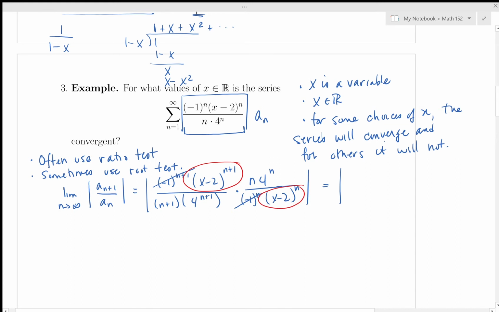So there's one additional x minus 2 in the numerator. So I have an x minus 2 here. And then I've got n here and n plus 1 here. So I'm going to put those there, n plus 1. And then I've got 4 to the n divided by 4 to the n plus 1. That is simply 4. So this simplifies down to this here.